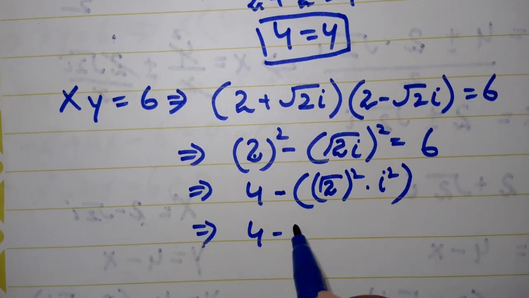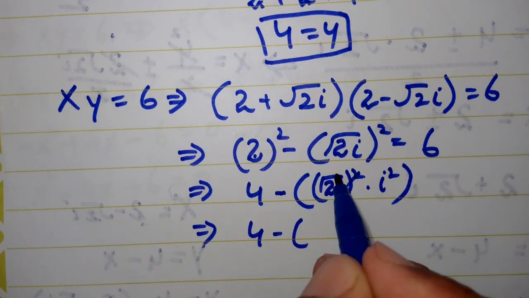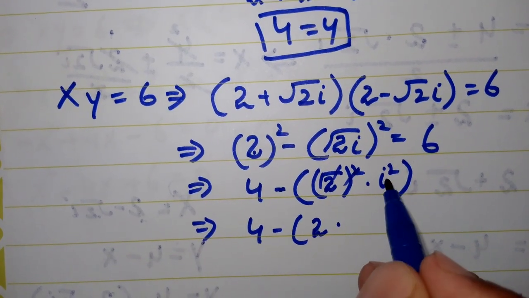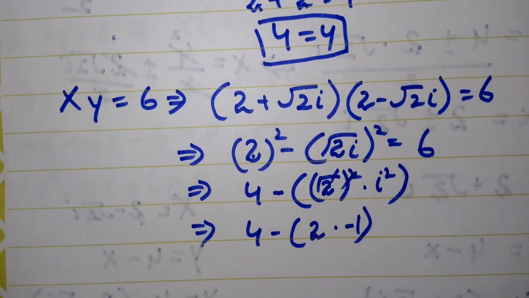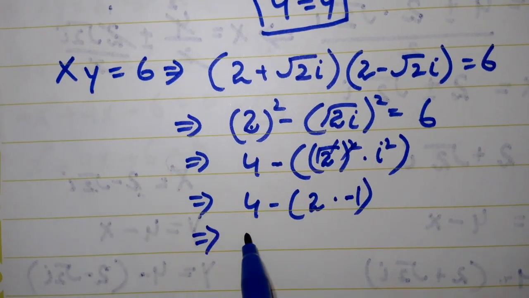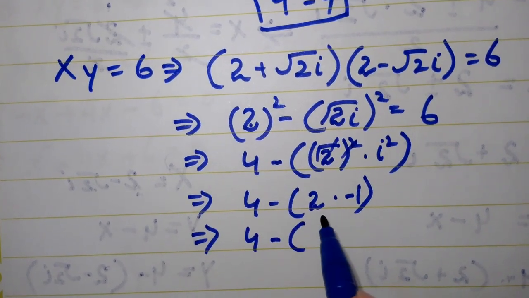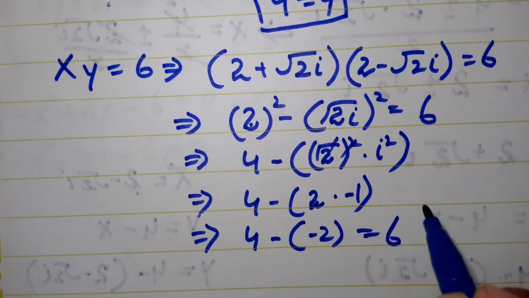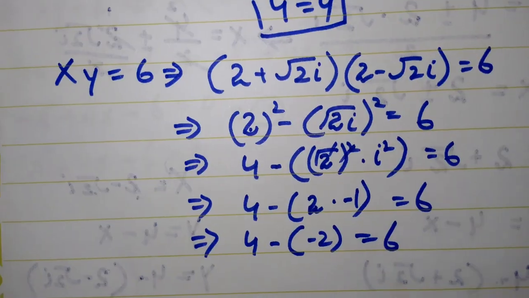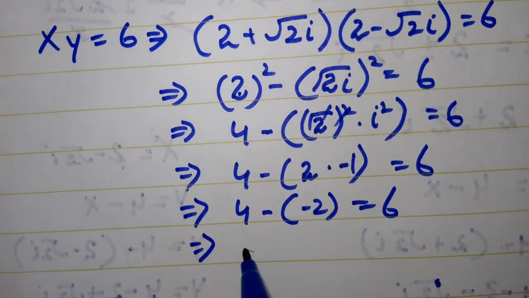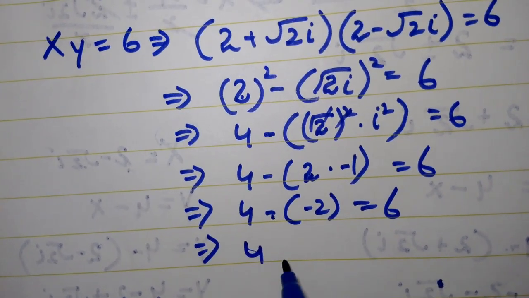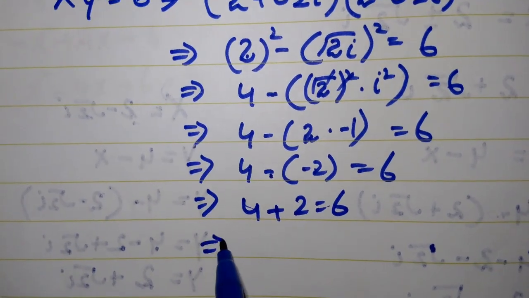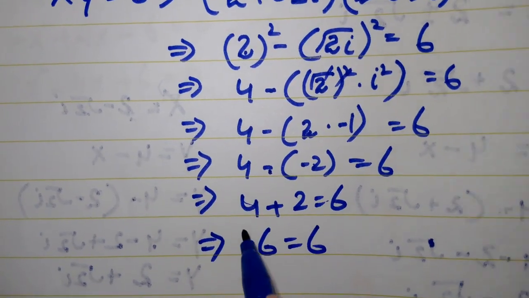The square root cancels with the square, this will become 2 multiply i square, and i square is equal to minus 1. So 4 minus 2 multiply minus 1, this will become minus minus 2. So 4 minus multiply minus, this will become plus 2 is equal to 6, and 6 is equal to 6. So our answer is verified.